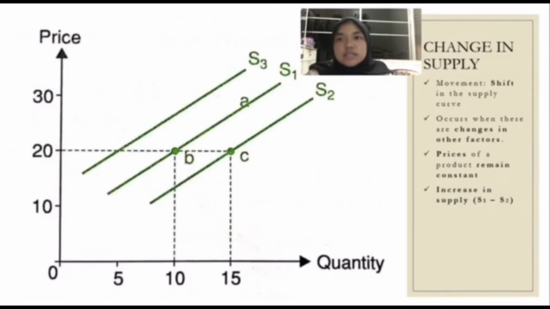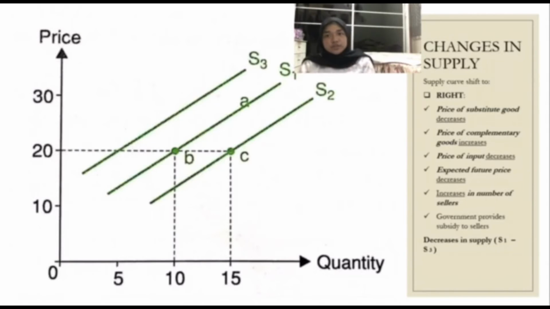Changes in supply are shifts in the supply curve. It occurs when other factors change while the price is constant. An increase in supply is such as S1 to S2. When the supply curve shifts to the right, the price of substitutes decreases, the price of inputs decreases, and the expected future price also decreases.